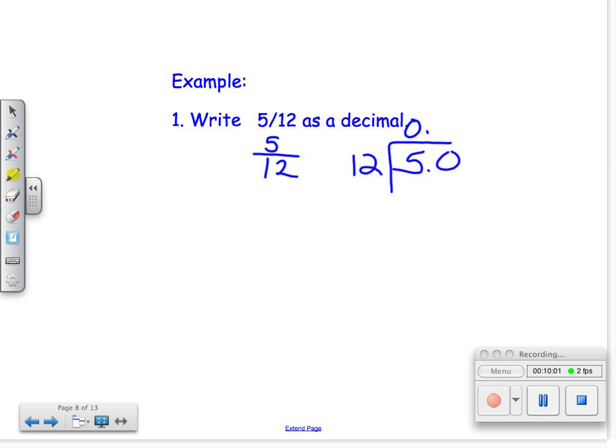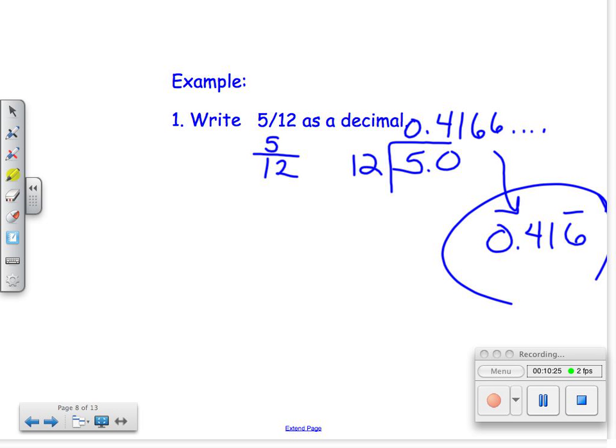When I punch it into my calculator, it is 0.4166, and so on. Your calculator actually says 6666, and then it changes it to 7, because calculators have to terminate it. So they've rounded. But what I would like you to do in that kind of situation is write 0.41, and what repeats is only the 6. And that would be your answer.